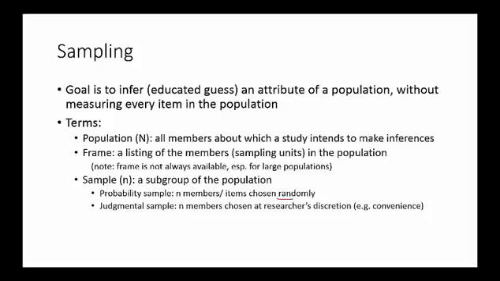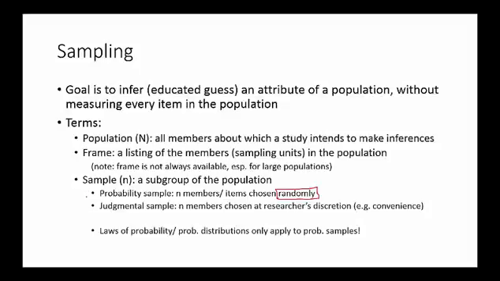If we choose the members of the sample randomly, then we can use the laws of probability. If we choose them at the researcher's discretion, basically whatever's convenient, whatever's low cost, well, that's called a judgmental sample, and it's not going to be usable in making inferences about a population, because the laws of probability won't be applicable there, and things like our normal distribution. So we're only interested in probability samples.